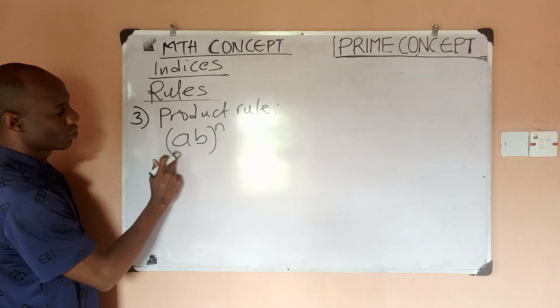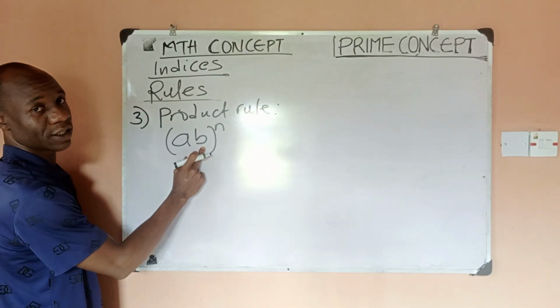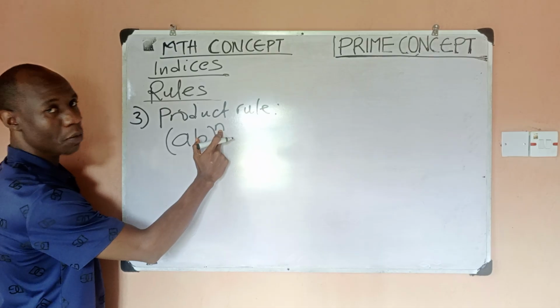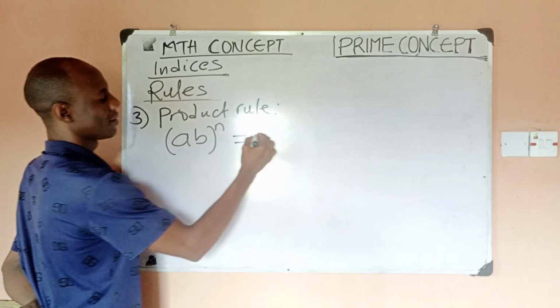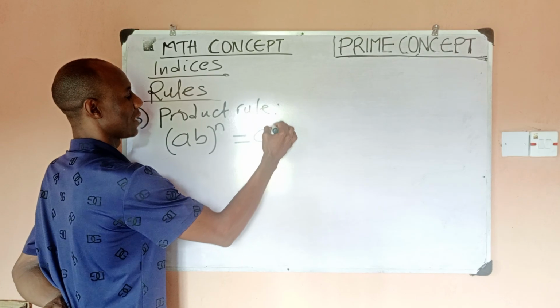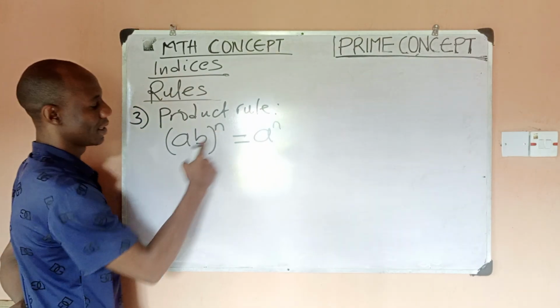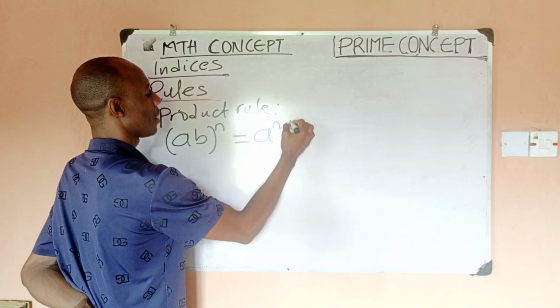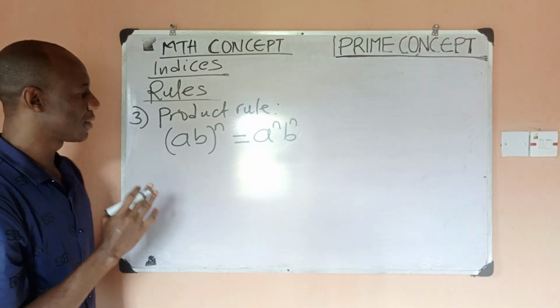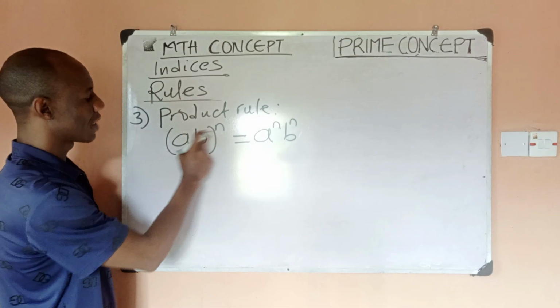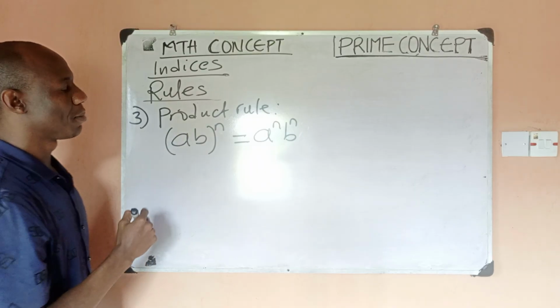So you have two bases multiplying each other and they have a common power. So this would simply be, you can write this as a raised to power n, and you can distribute the power. And then you have b raised to power what? And this is a very important rule, too important, right?